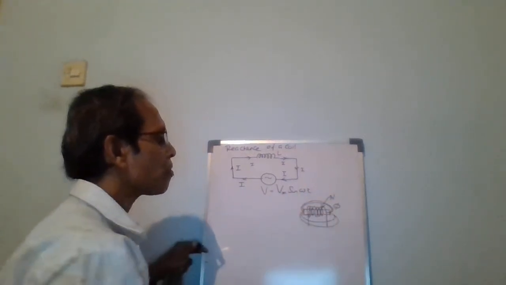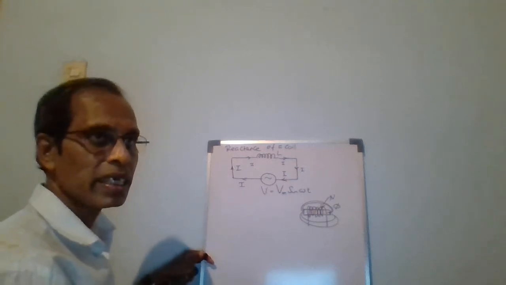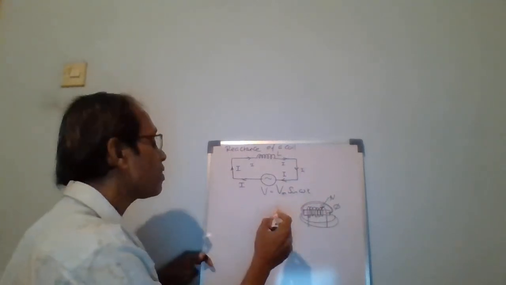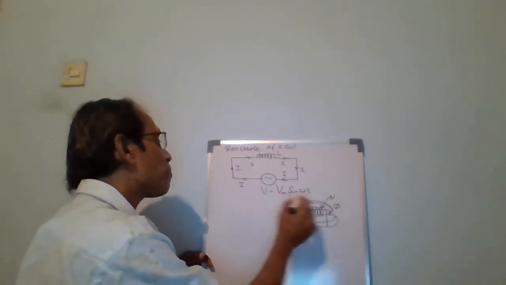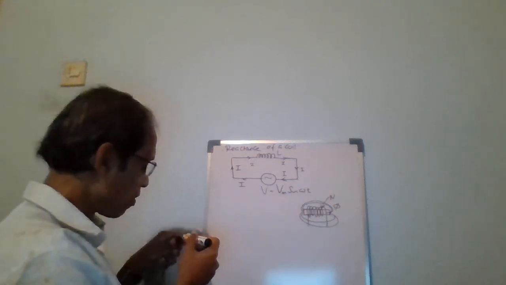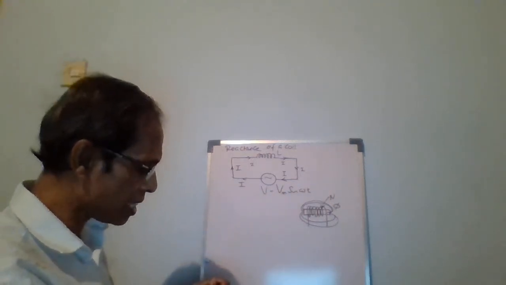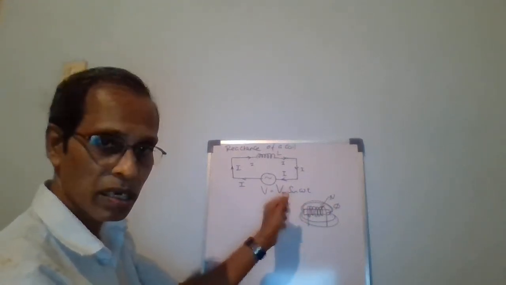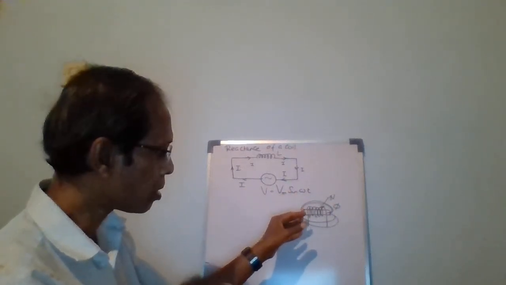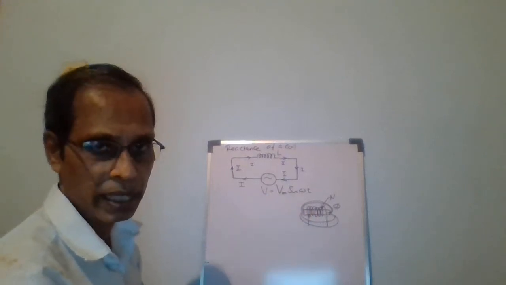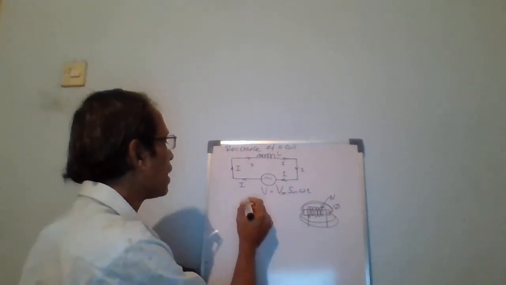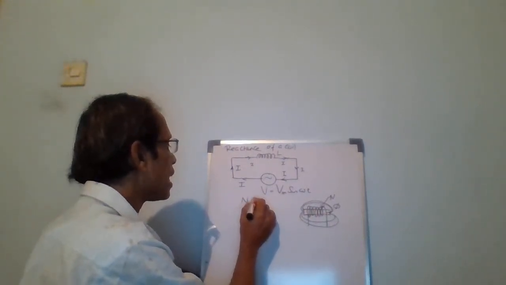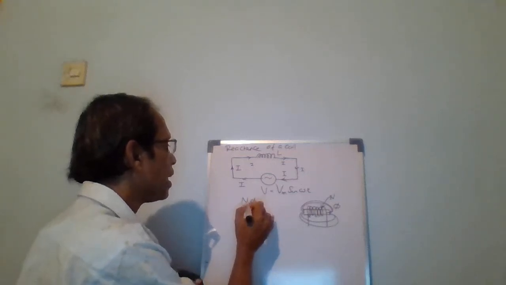Then we can define flux linkage. Flux linkage means the flux linked with the turns of the coil, defined as n phi, n into phi.